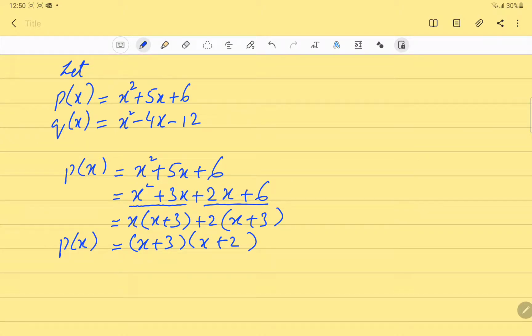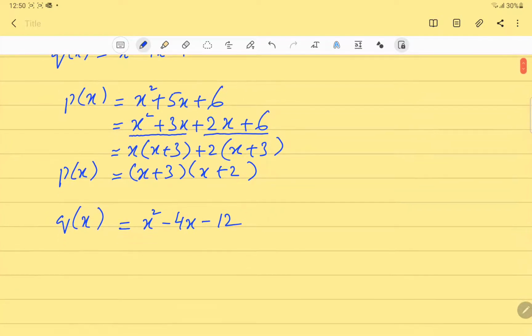Now we go toward the second one, which is qx. qx is equal to x squared minus 4x minus 12. We will apply the same method as we applied in the case of the first expression. So x squared does not have any coefficient, which means it is 1.